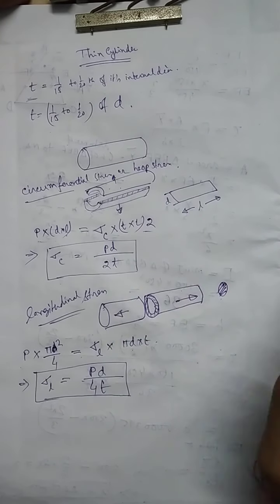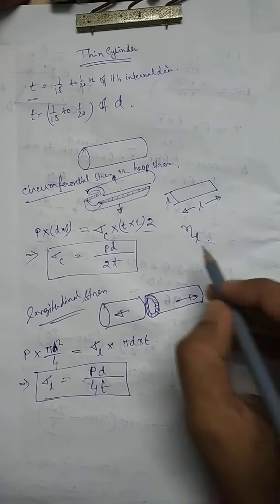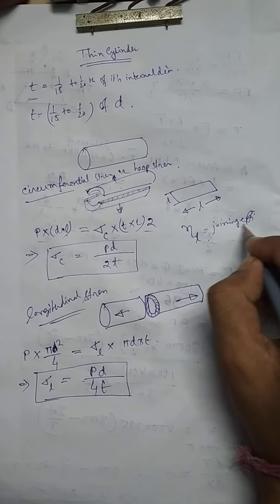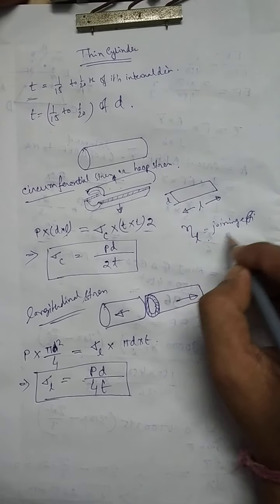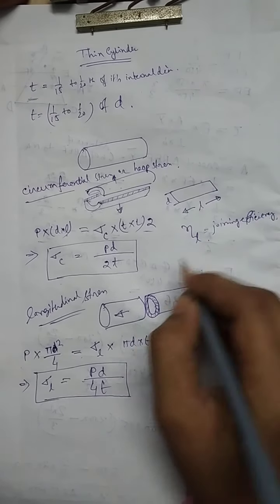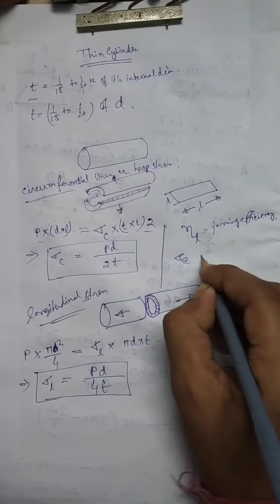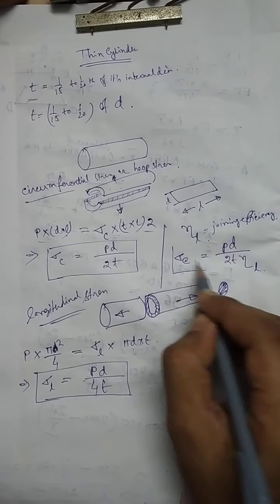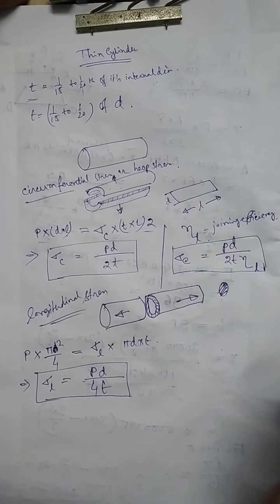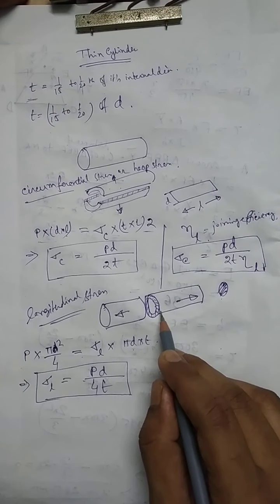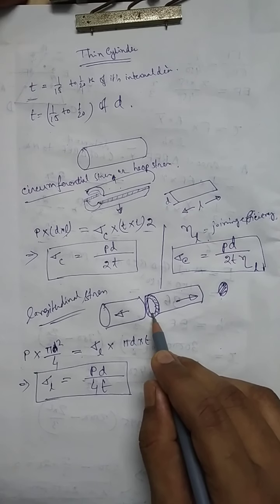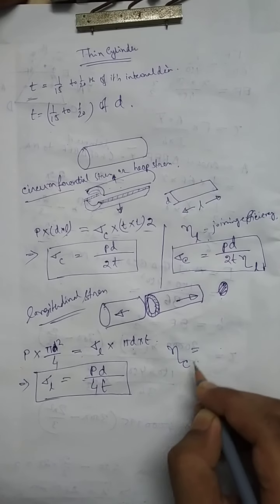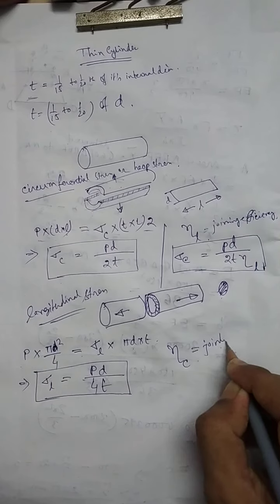In such a case, if the joint efficiency for a longitudinal joint is eta L, then sigma C will be Pd by 2T eta L. And when there is a joint like this, that is a circumferential joint, the efficiency of the circumferential joint will be eta C.